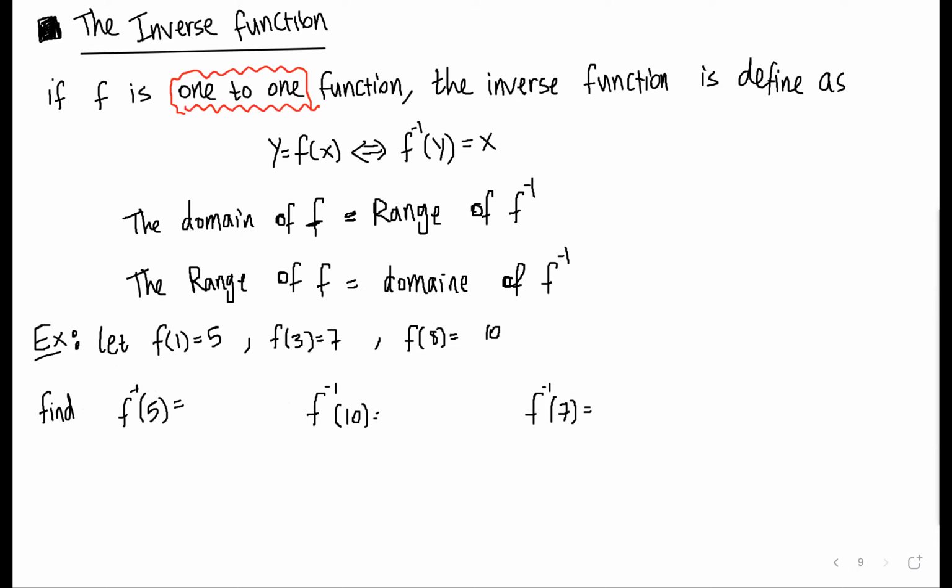So what is f inverse of 5? Using this definition here, if f of x equal y, this means f inverse of y equal x. Same thing here. f of 1 equal 5, so f inverse of 5 is the same as 1, the input inside the parentheses.